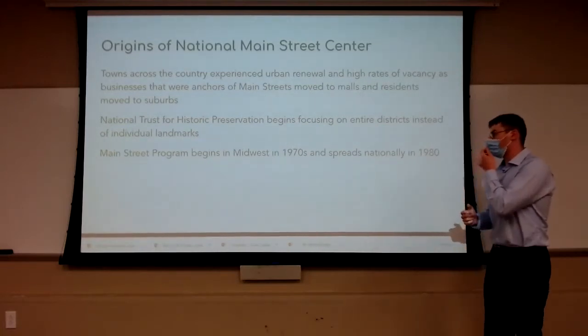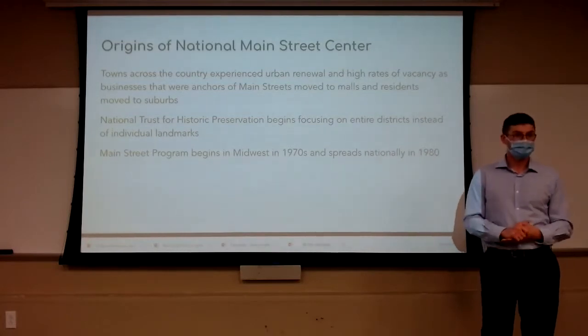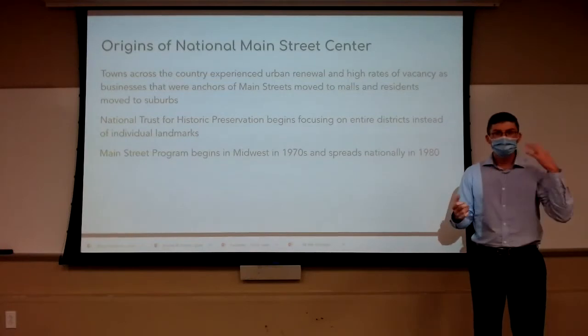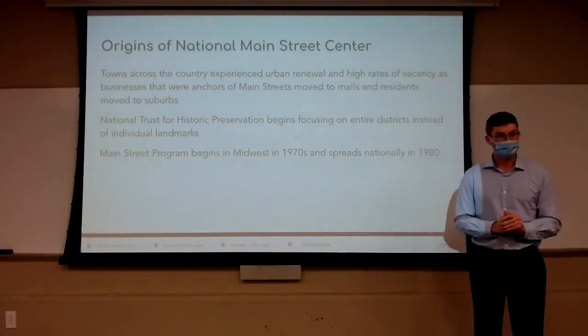And so the National Trust for Historic Preservation began as an organization to protect individual landmarks, but they noticed over time that they needed to develop a more comprehensive and aggressive sort of preservation approach.